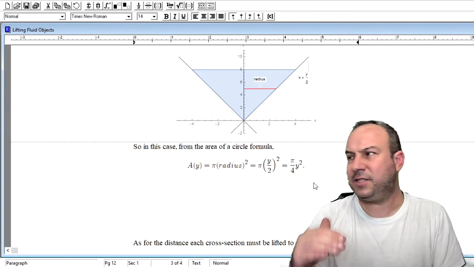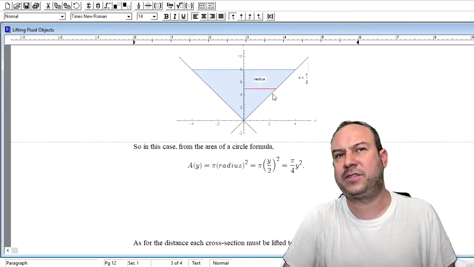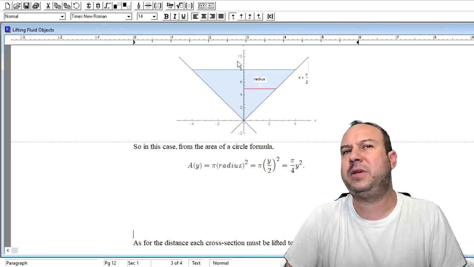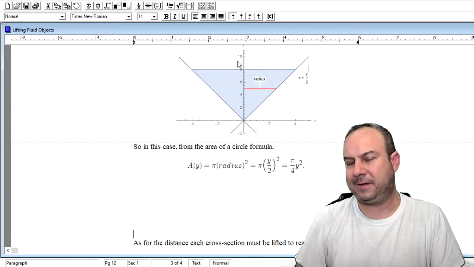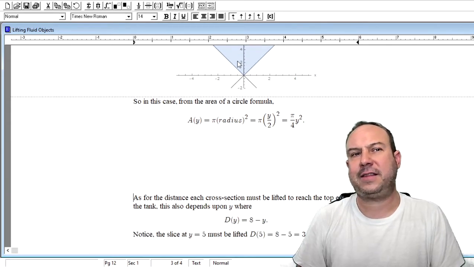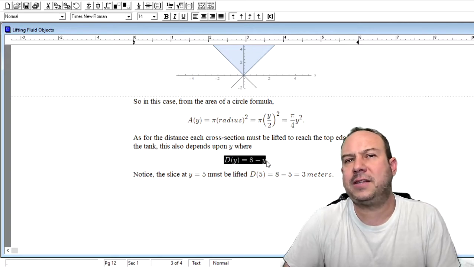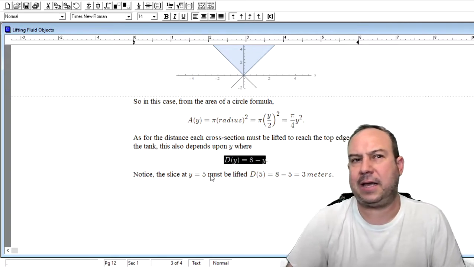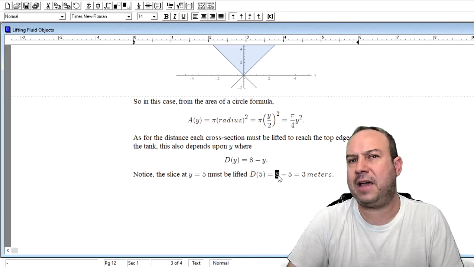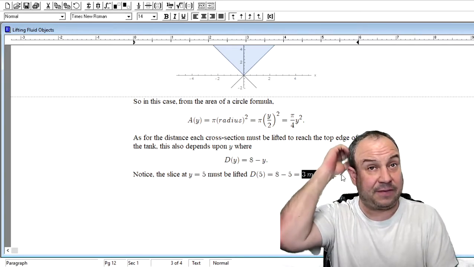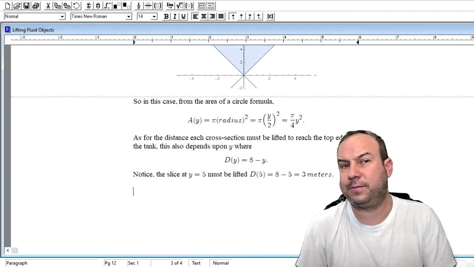As for the distance we have to move each cross section, for this radius, it's going to have to be lifted 3 units. To calculate that distance for each and every value of y, d_y is simply 8 minus y. At y equal to 5, it would be 8 minus 5, or 3 meters, is how far we have to lift that cross section.